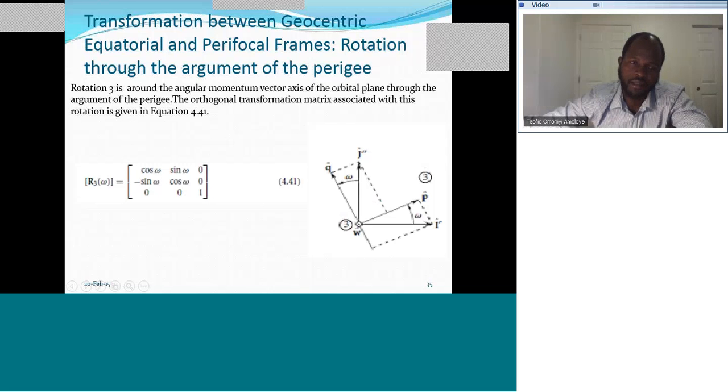And since we are rotating about the W, or if you like, you can call it the z-axis of the orbital plane of the perifocal frame, that is why we have R3 there, and then small omega is the angle of rotation, and that's why small omega is in the orthogonal transformation matrix.